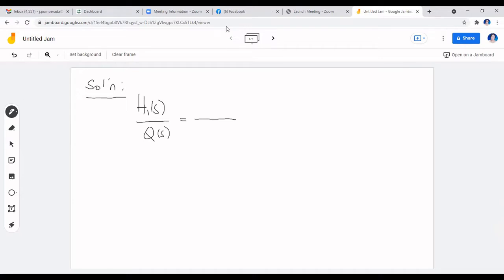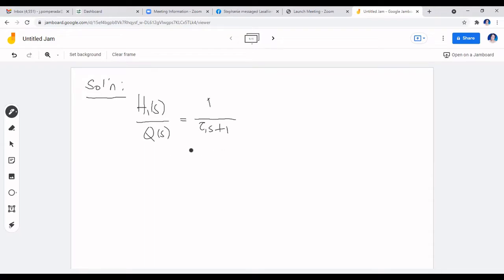Can somebody give me the formula for this? The transfer function of a standalone liquid level system relating the level of the liquid in the tank to changes in the volumetric flow rate. Okay, somebody wrote in the chat box, so it's 1 over tau s plus 1. Okay, you have 1 over tau 1 s plus 1. Thank you for that, Eugene.